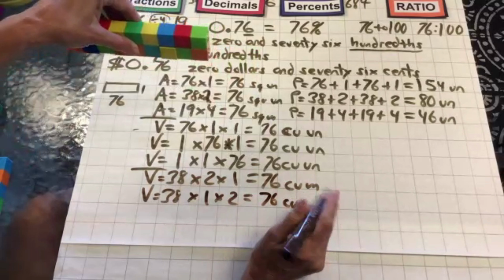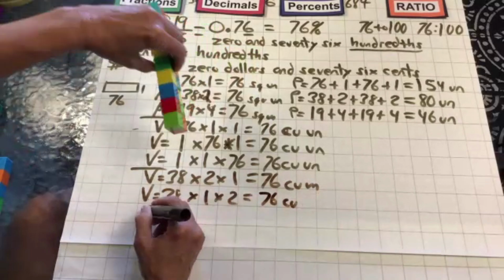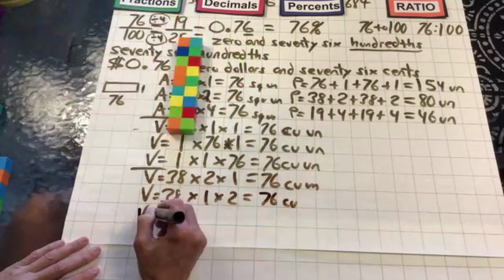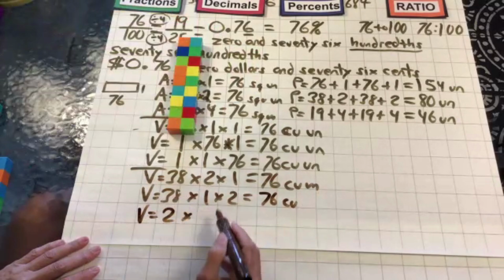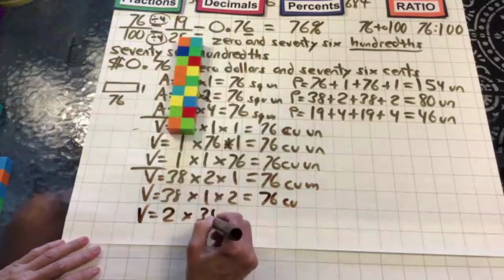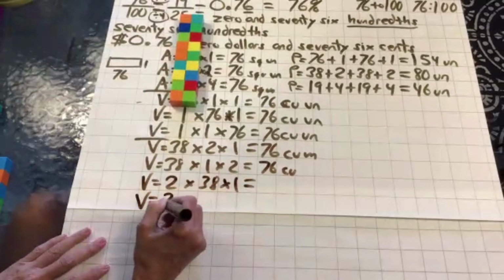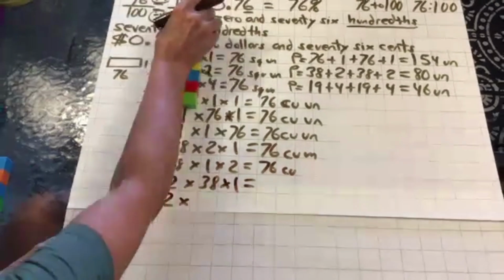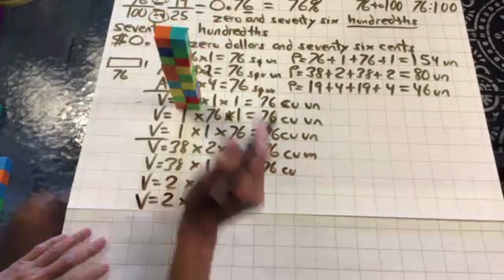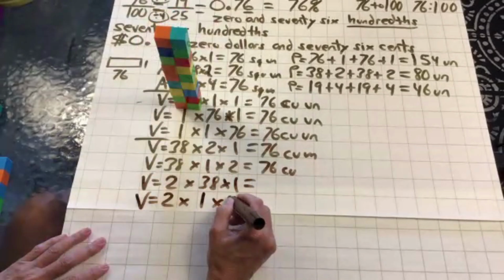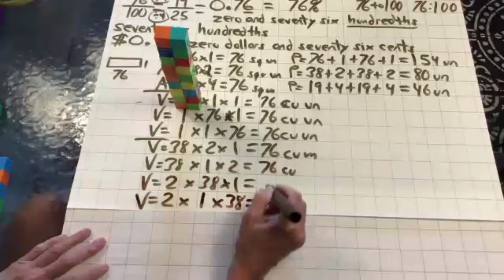Same cubes. Then we're going to go this way and we're going to say it is 2 wide by 38 deep by 1 tall. Then we're going to say it is 2 wide by 1 deep. So I'm going to turn it up like this, 1 deep by 38 tall.